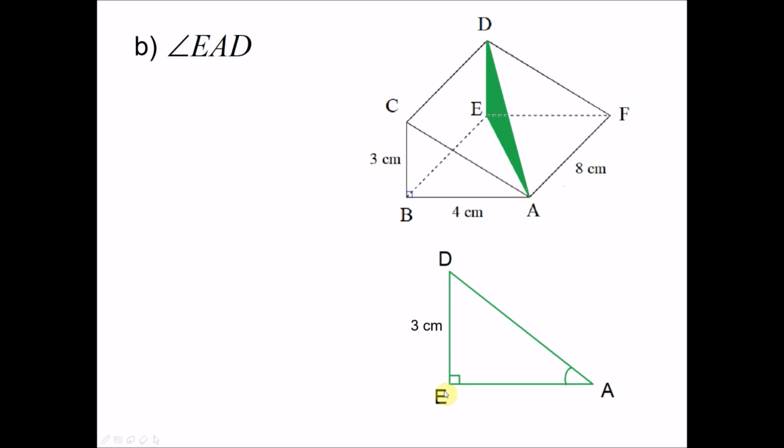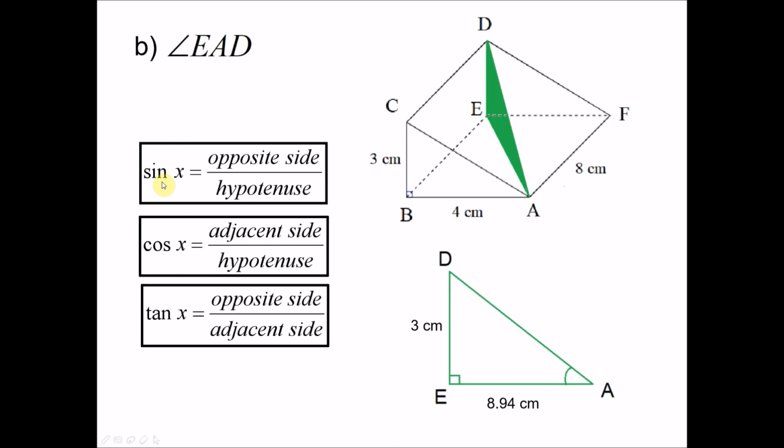EA, which is this EA here, we already found in question A, which is 8.94. Hence, we can use these two pieces of information to find the angle EAD. Since it involves angles, we need to use the trigonometric ratios of sine, cosine, and tangent. To choose which one to use, we first need to find the names of the sides.